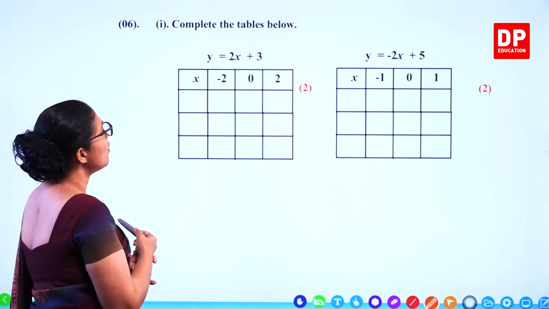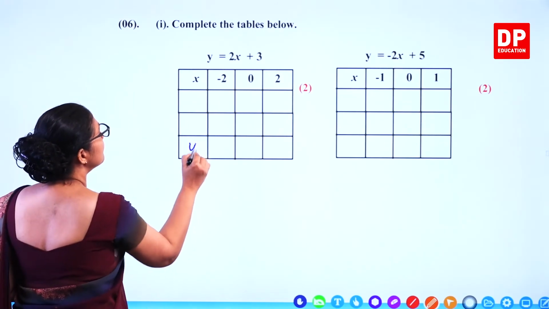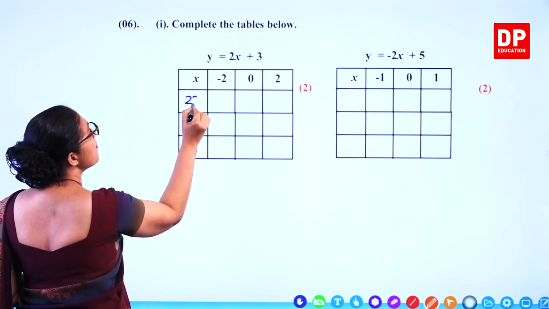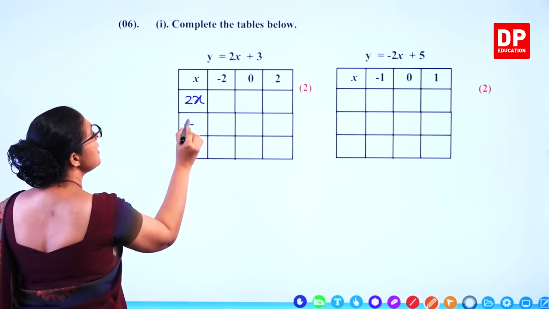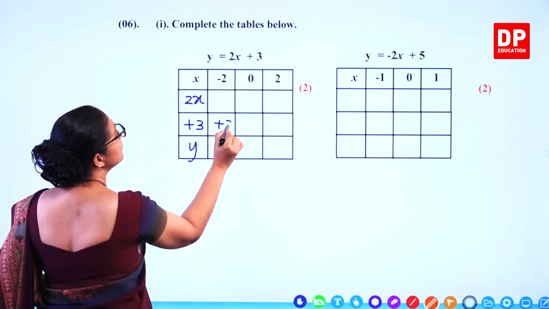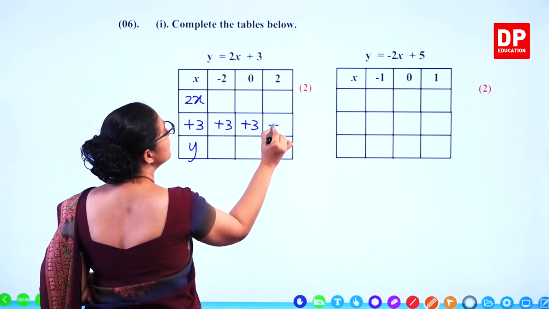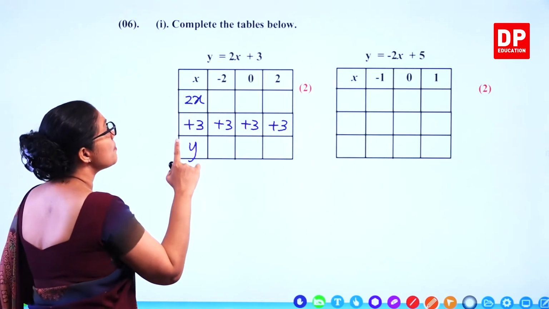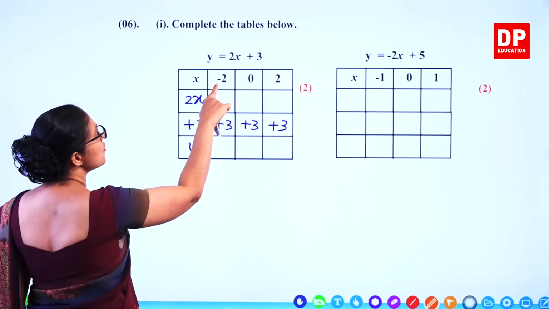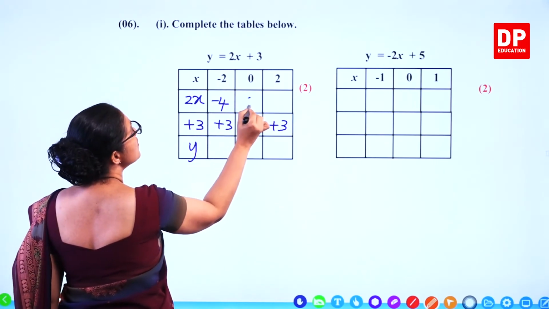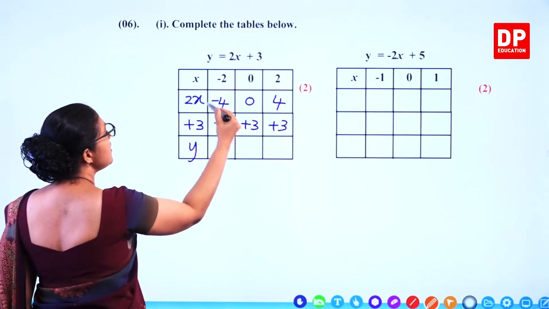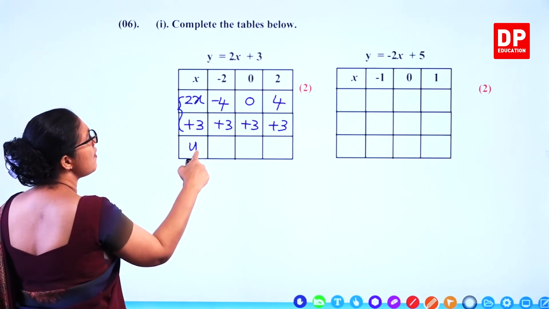You need to find out y value. But first you can multiply by 2 to get 2x and then add 3. So multiply by 2, x equals minus 2. You get minus 4, 0, 4. Now add these two. When you add these two, you get the y value.